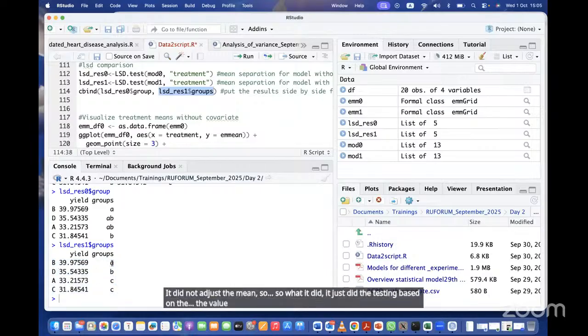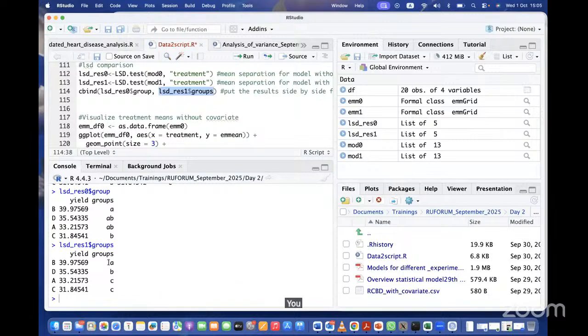So you can see from here that B and D don't share any letter in common. So we're saying B and D are significantly different. And then C and A are not significantly different. But D is significantly different from A and C.